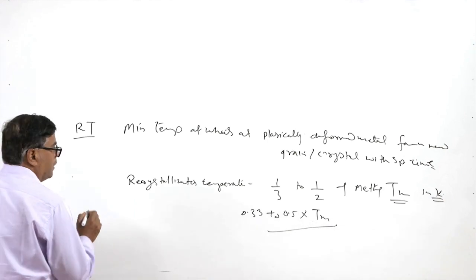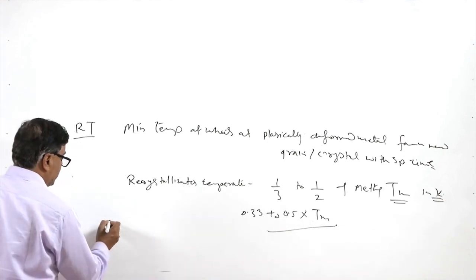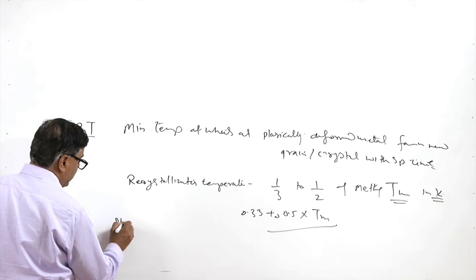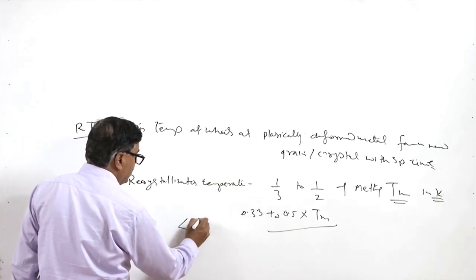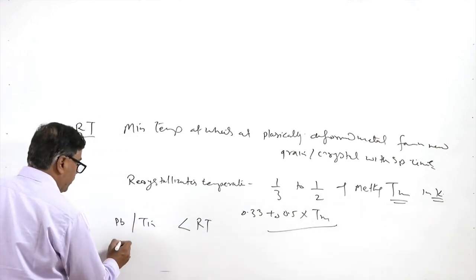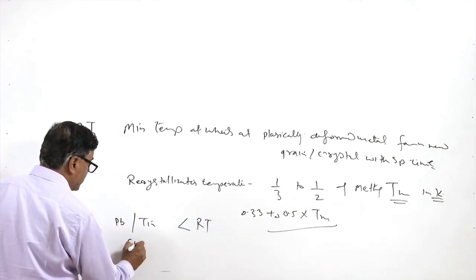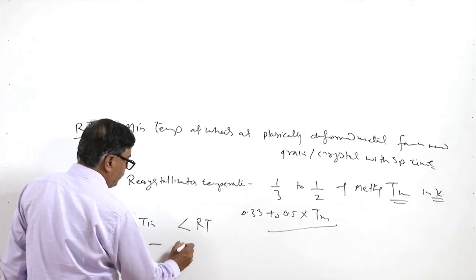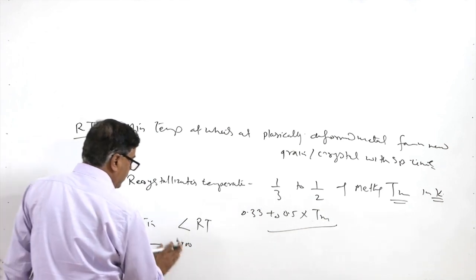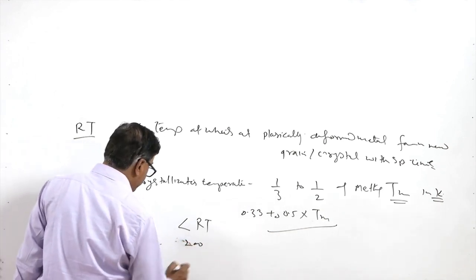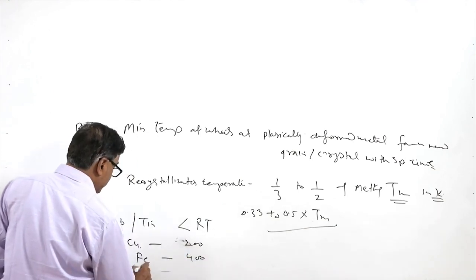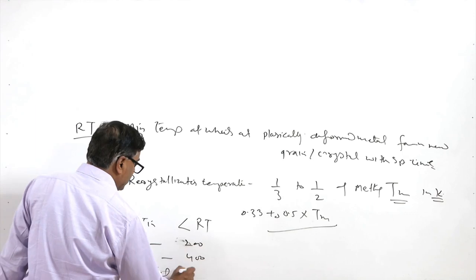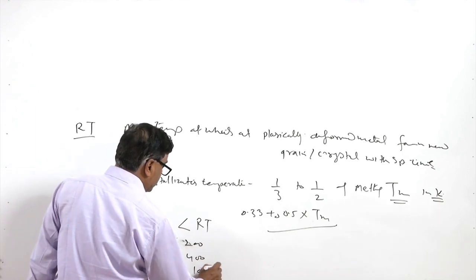For example, this temperature for metals like lead and tin is found even at the room temperature, while for many other metals like copper it may be 200 degrees centigrade, for pure iron 400 degrees centigrade, but for the steels it may be like 1000 degrees centigrade.